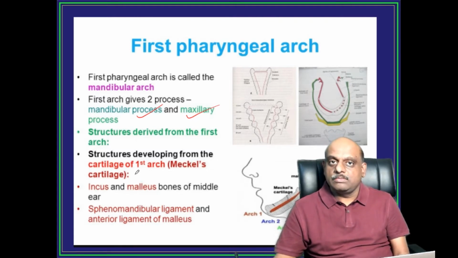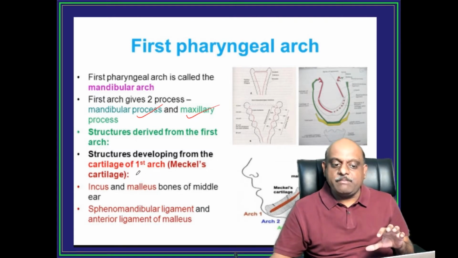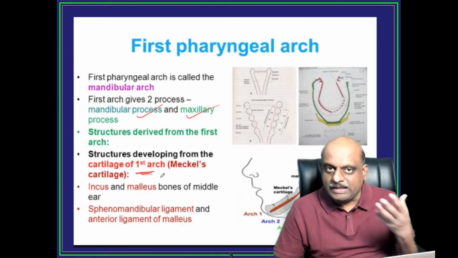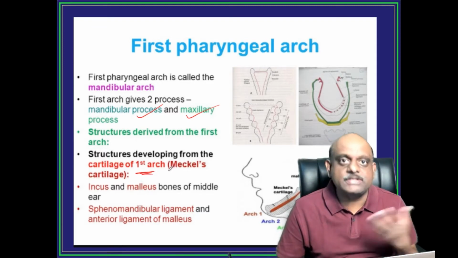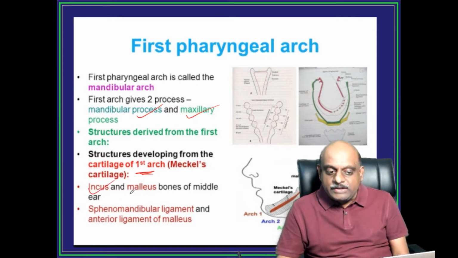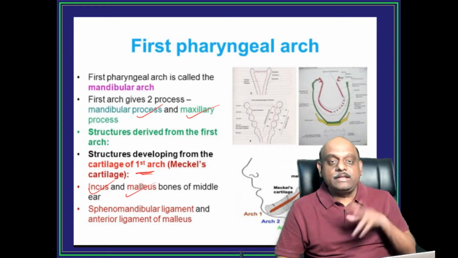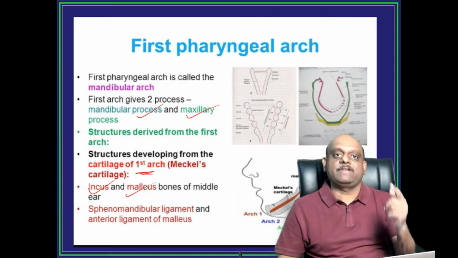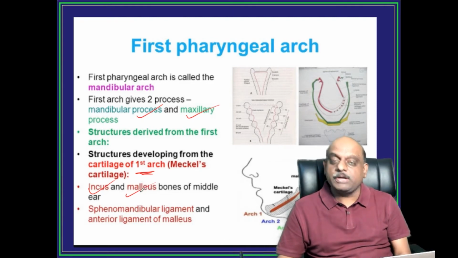And all the structures which develop from the Meckel's cartilage, basically Meckel's cartilage is the cartilage of the first branchial arch, is what you need to remember. Similarly, incus, malleus. These two are basically the middle ear bones which are derived from the first arch. That's what you should remember.